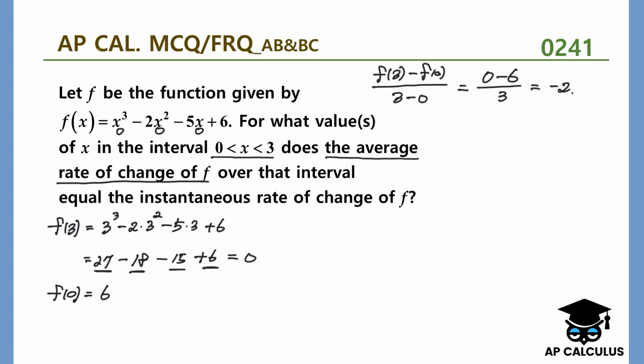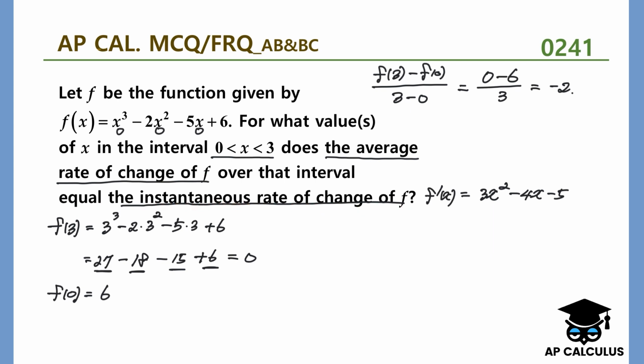Right? Now let's find the instantaneous rate of change of f. That's just f prime, right? So f prime of x is equal to 3x squared minus 4x minus 5. And we are looking for the values where the average rate of change of f is equal to the instantaneous rate of change.